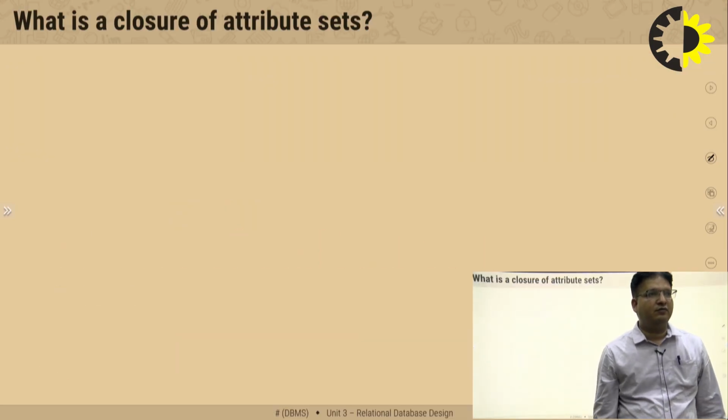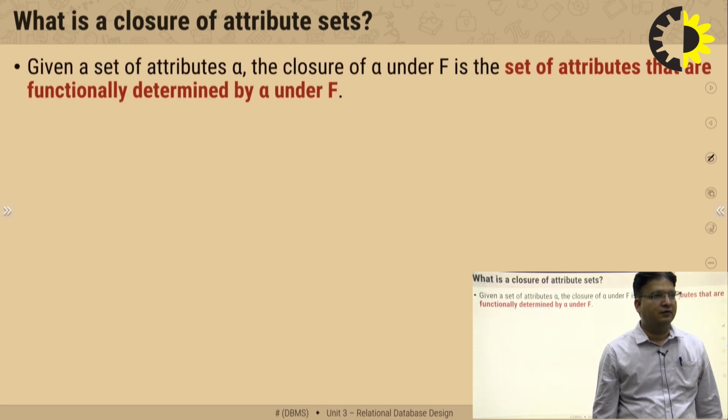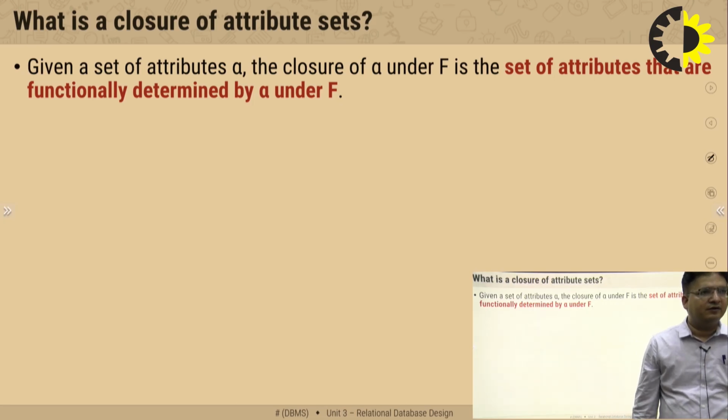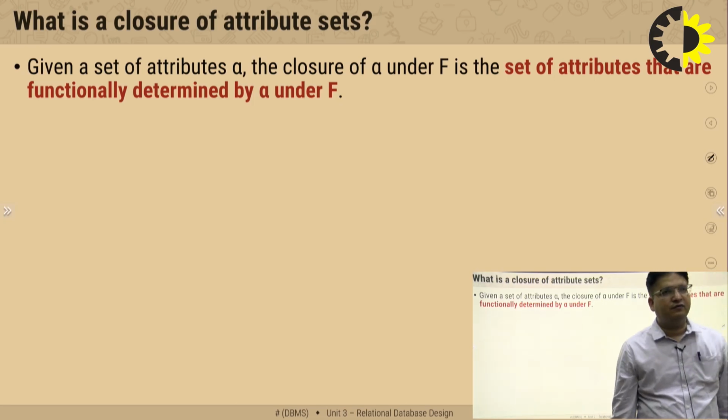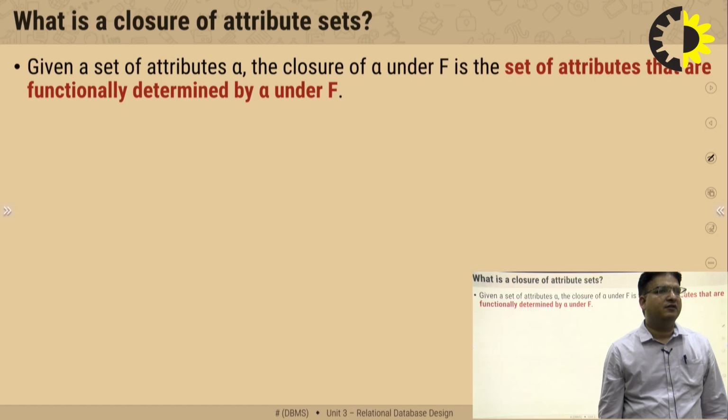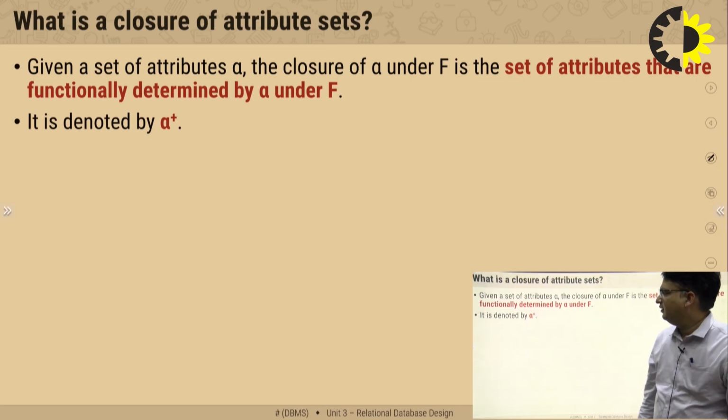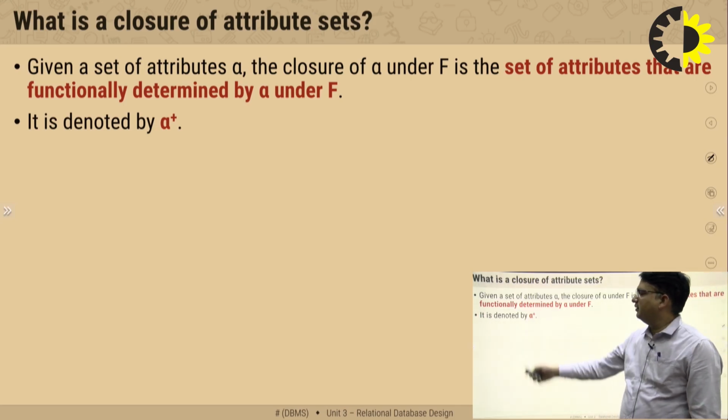Next is the closure of an attribute set. Given a set of attributes, the closure of the attribute under F is the set of attributes that are determined by that attribute under F. This is denoted by attribute plus.